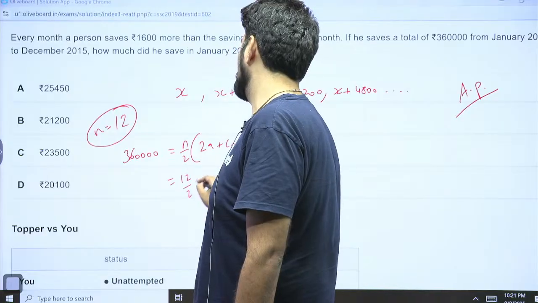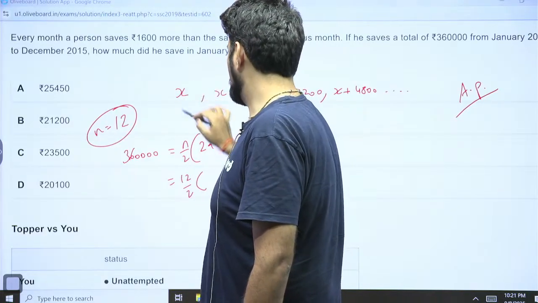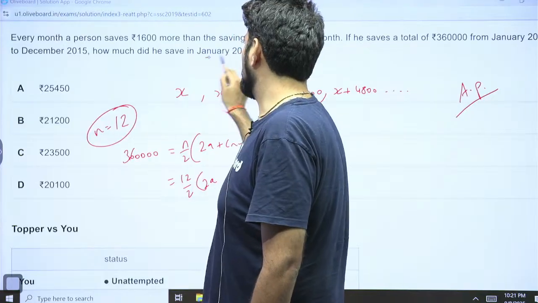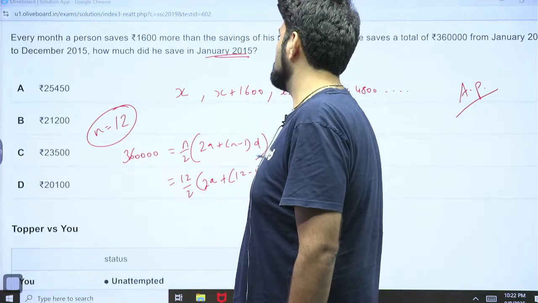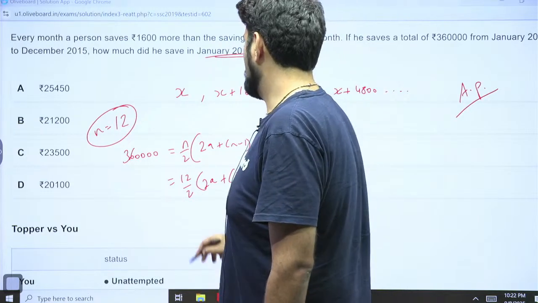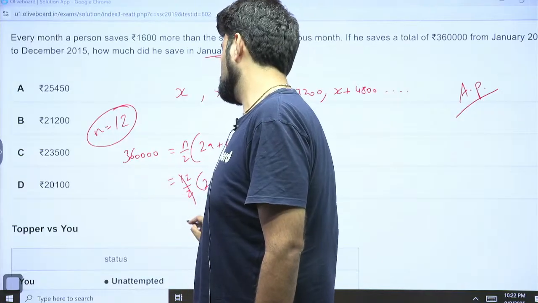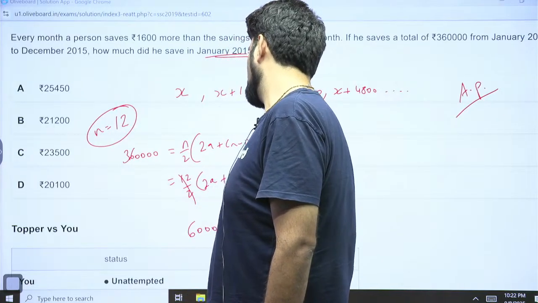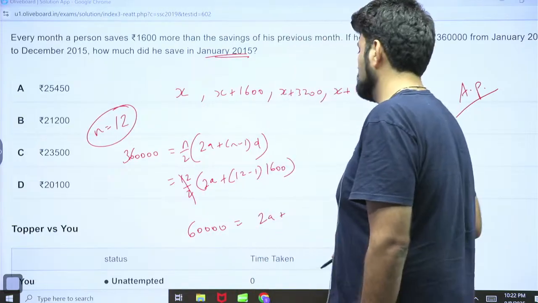N is 12 by 2 into 2A. A we don't know. This is what we need to find out, no? Plus 12 minus 1 into, what is D? Common difference is 1600. Okay, so this is 6 and this will get divided here. So this will be 60,000. 2A plus 11 into 1600.